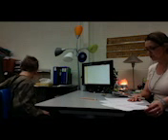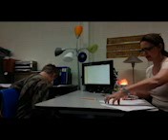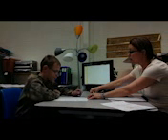Before we get started, I'm going to have you use the pencil and do a quick review of multiplication with a one digit by a 2 digit number. I'll give you a minute or two to solve this problem.